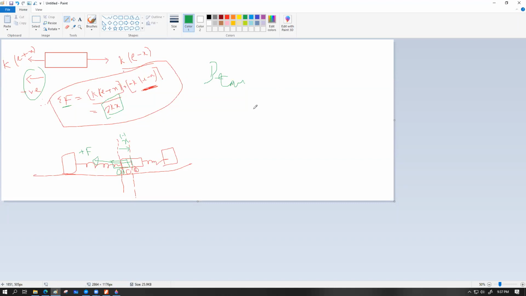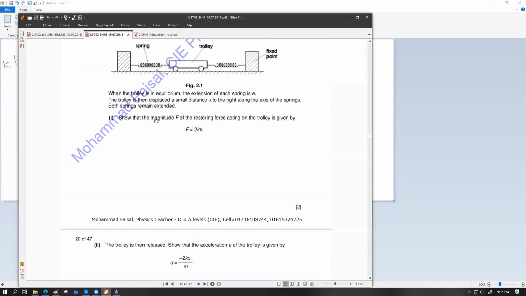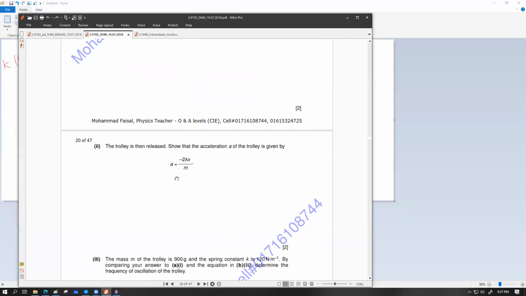Hence, F equals to minus 2kx. Now what I want you to understand is that I'm bringing this minus out of nowhere because in question number 1a they asked us to find out the magnitude. Have a look at this word. See that? এখানে 2kx আসছে আর এখানে তুমি ওই ভেক্টর লজিকটা ইউজ করে একটা মাইনাস সাইন ইন্ট্রোডিউস করবা। Once you introduce the minus sign, just the math will follow.